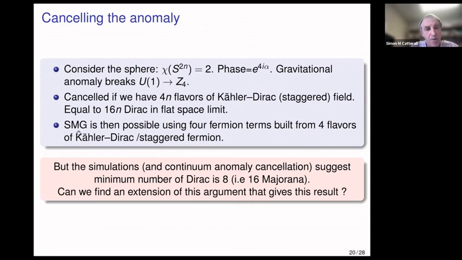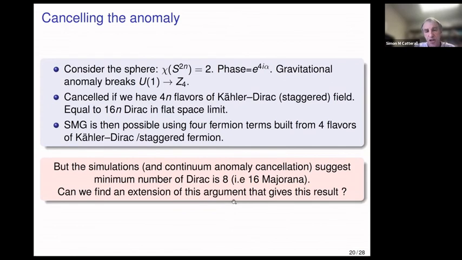So one guesses that symmetric mass generation should be possible using 4 fermion terms built from 4 flavors of Kähler-Dirac or staggered fermions, just like we saw in the numerical example, in fact. All right. Actually, this isn't quite what we talked about in the continuum. In the continuum, we said it was 16 Majorana, and now I've just proven to you using a sphere that it should be 16 Dirac.